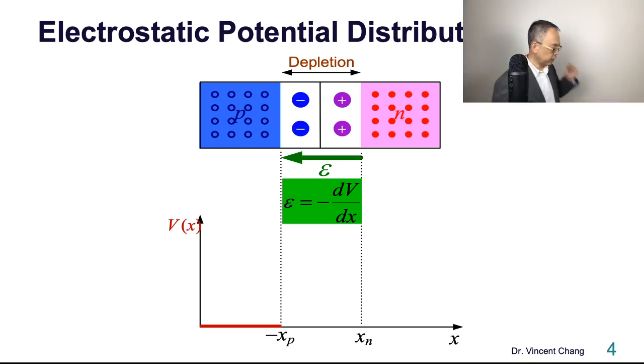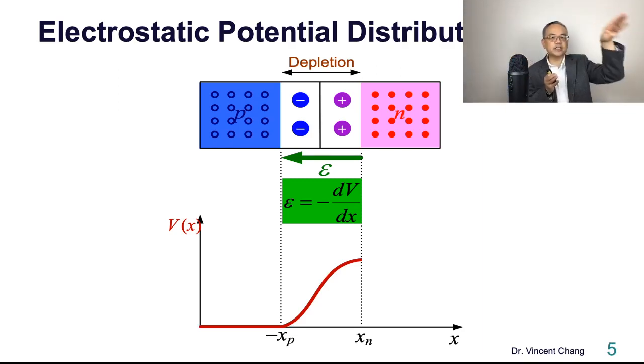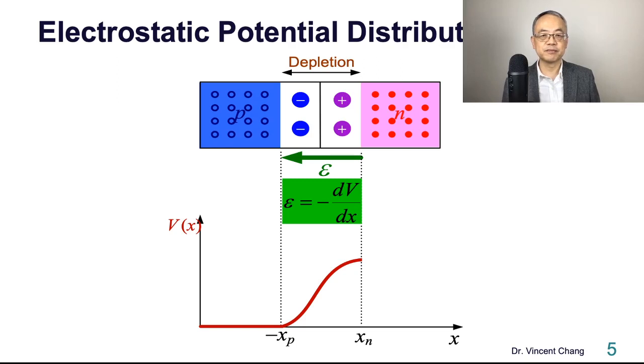Then if you step into the depletion layer, you have to follow a rule. What rule? When you go against the electric field, the potential will increase. And the rate of the increase depends on how strong the electric field is, right? dV/dx means slope, so a high electric field means a higher slope.